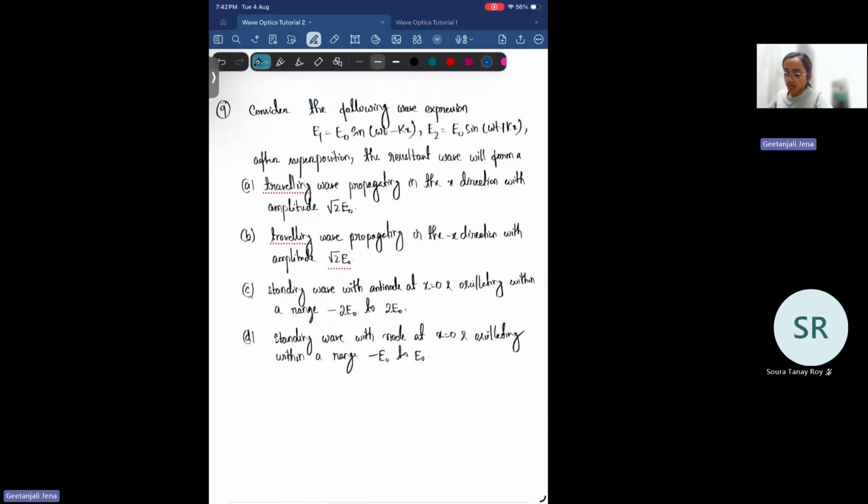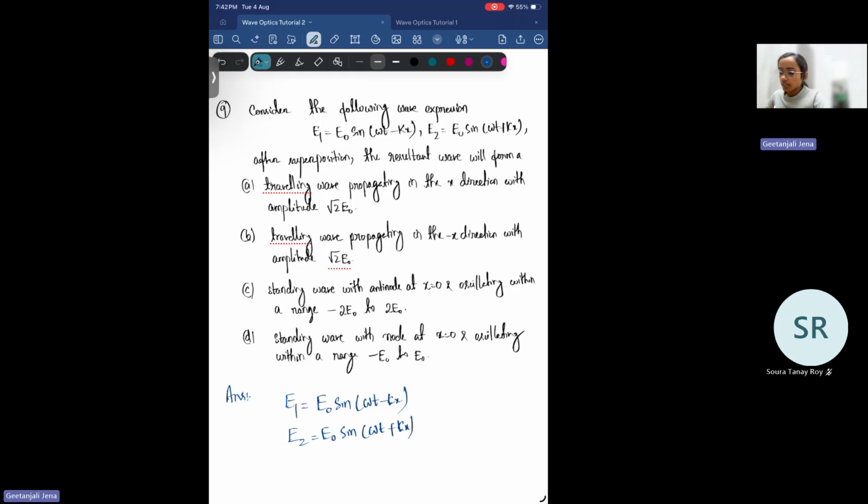Okay. Question number 9. It's given to consider the following wave expressions. E1 is E0 sine omega t minus kx. E2 is E0 sine omega t plus kx.